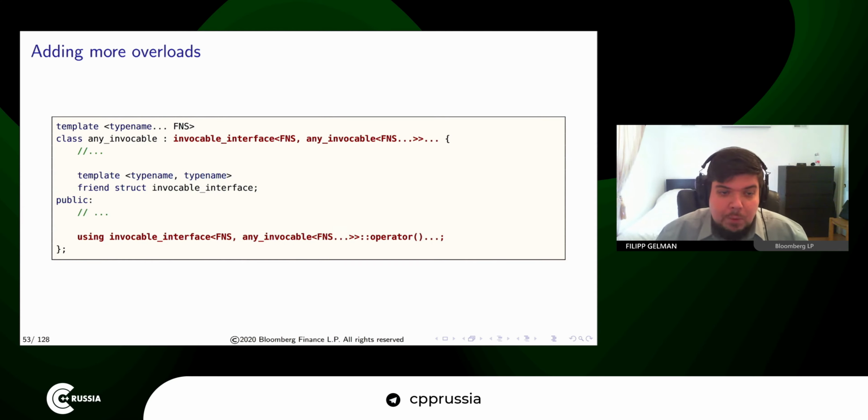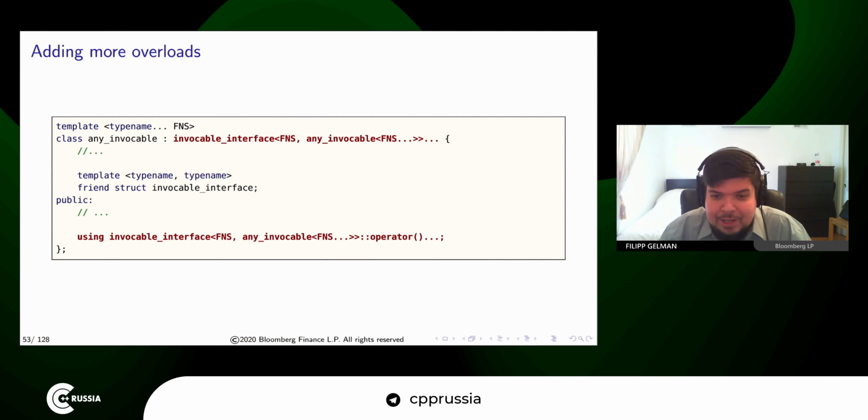Then in any invocable, I need to inherit from an invocable interface, one for every element in FNS, which are the function types that tell me what overloads I want to have. Then in the public interface, I need to inherit those call operators.